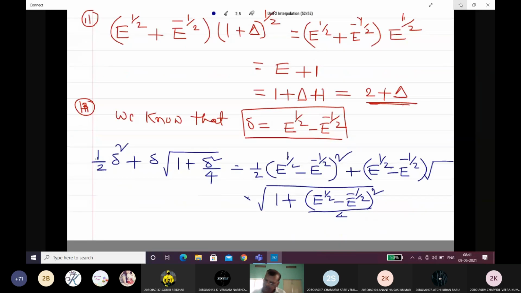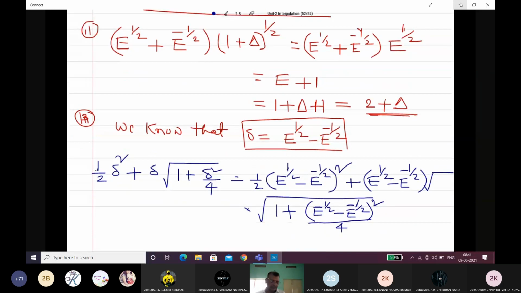Okay, now we have to simplify this one. We will get the final solution. That value is equal to delta.